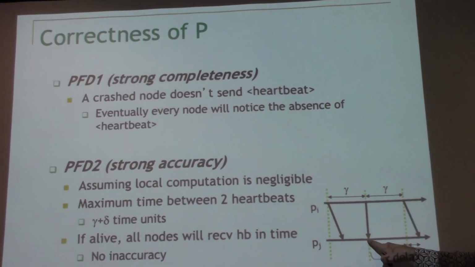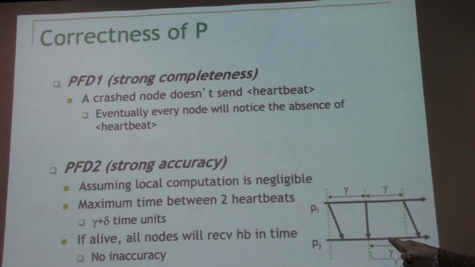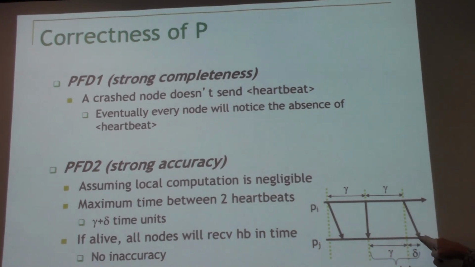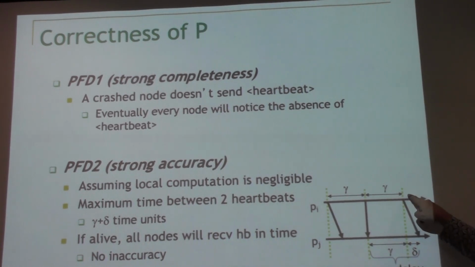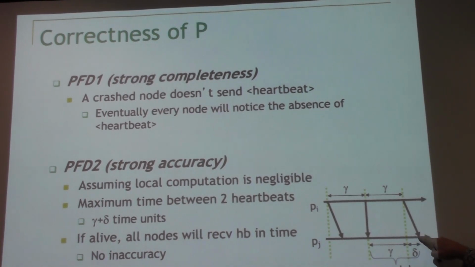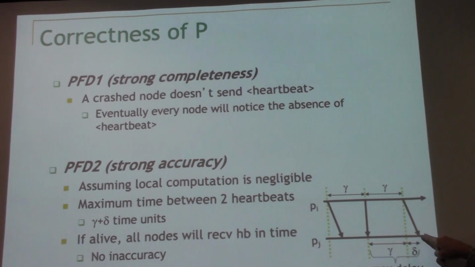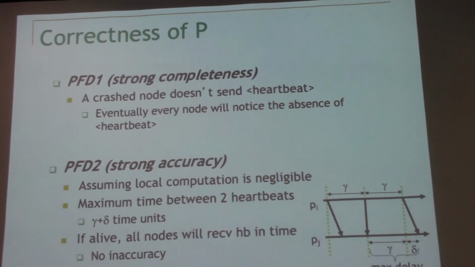So if I receive a heartbeat here, then if I wait gamma plus delta, I must receive another one because of the upper bound. If PI is alive, then I must receive it in this time. And if I don't, then I'm absolutely sure PI is dead because of the synchronous network. So that's it. That's the proof. It's a very easy proof. I'm not formalizing it more than that.